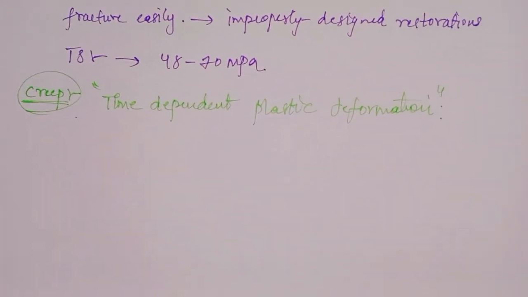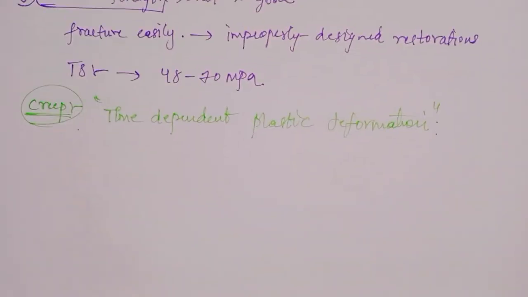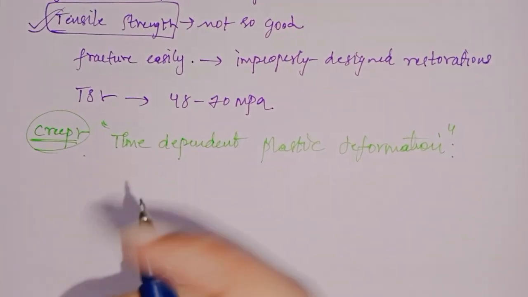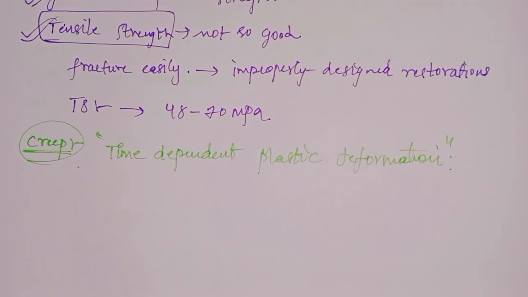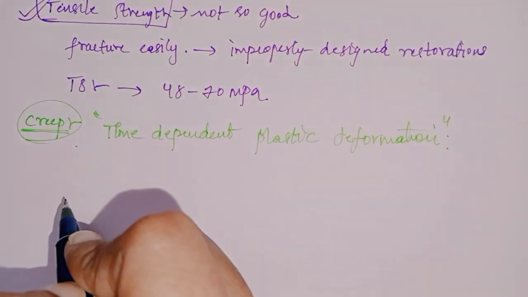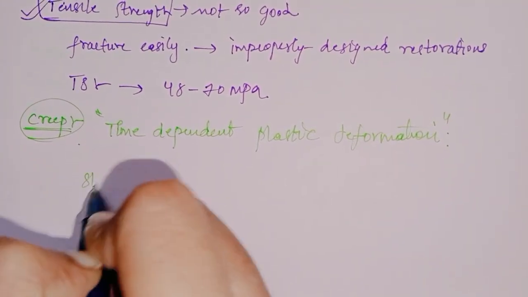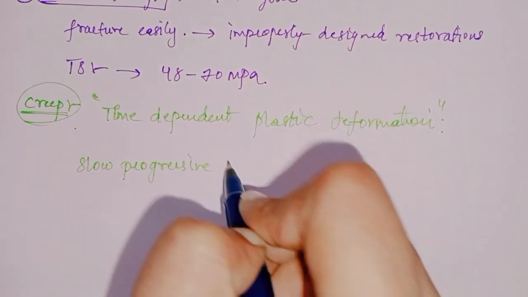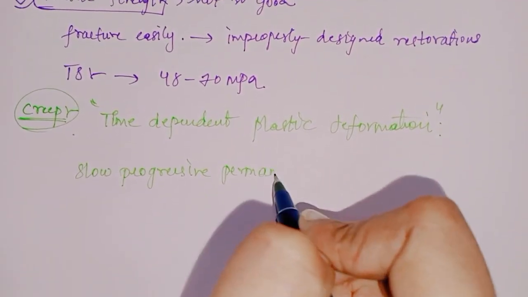Creep of dental amalgam is slow progressive permanent deformation of set amalgam which occurs under constant stress or intermittent stress.